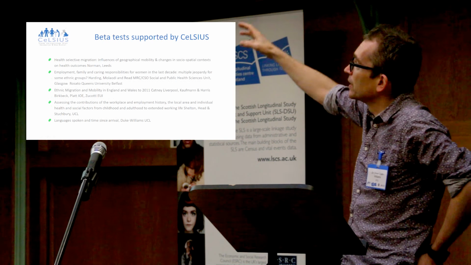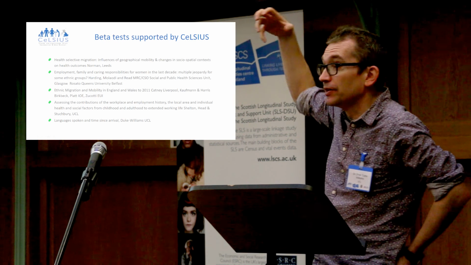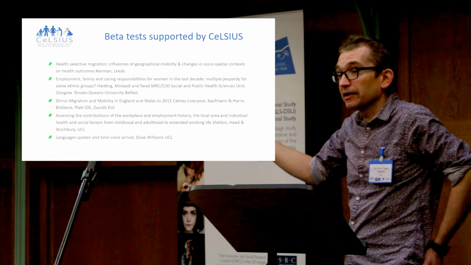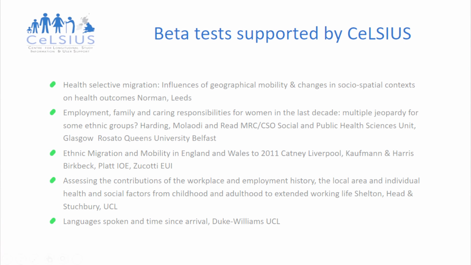So we've got a list of beta test projects that were run on the 2011 sample here. And we can think now, towards 2021, of some of the things we might want to do with that sample. And one of the things that I think will be an interesting kind of natural experiment in 2021 is to consider the effect of Brexit.